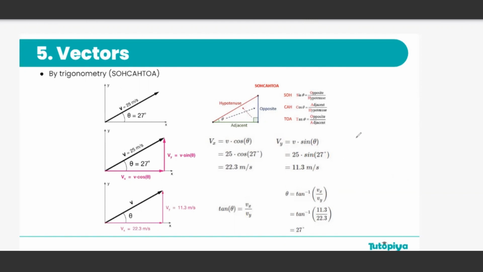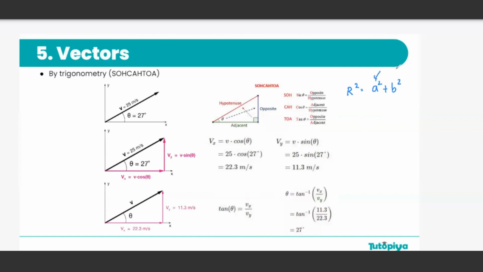So just to sum up, to find the magnitude of the resultant force when you have two perpendicular forces, you use the equation R squared is equal to A squared plus B squared. A and B are the magnitudes of the two forces.